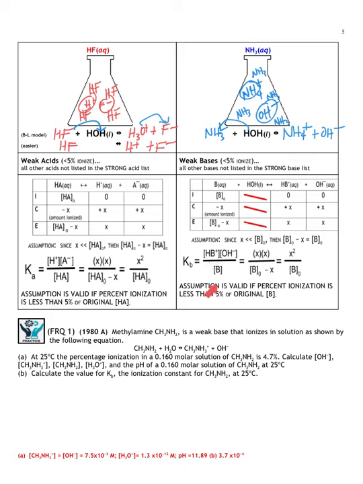You fit it into your Kb of that base, so you look up the Kb value, and you'll notice that the original concentration of the base is so much greater than the amount that ionized, because there's more of the base than the ions that make up the base, as you see here. So with that, you can zero out your X and solve for your concentrations at equilibrium. You once again have to validate using the percent ionization.